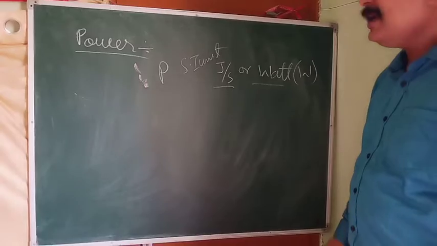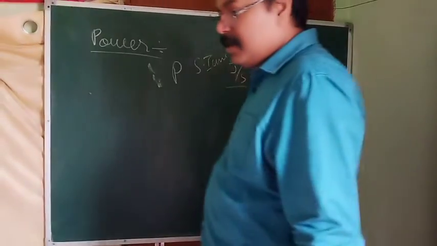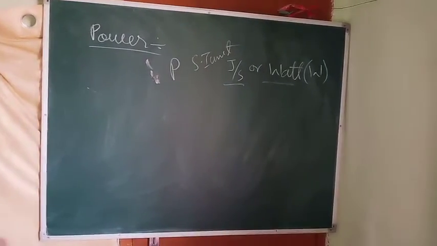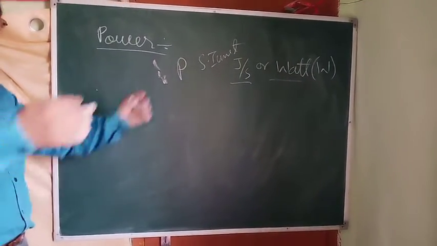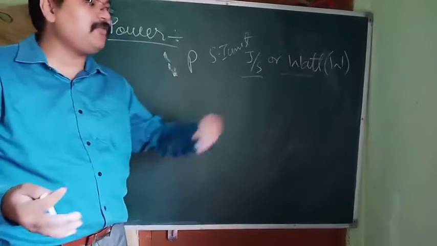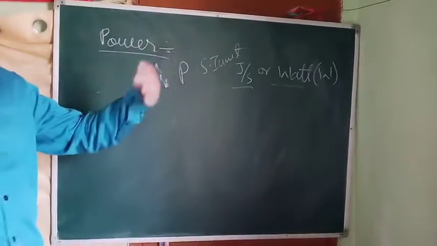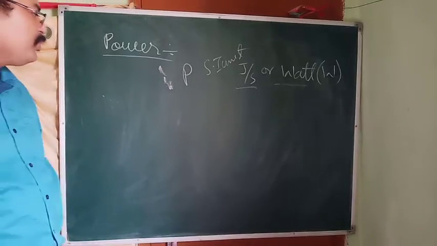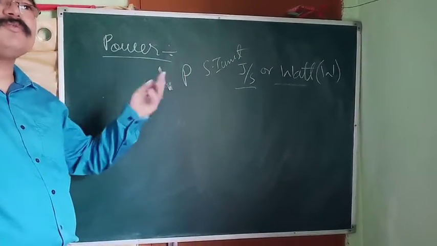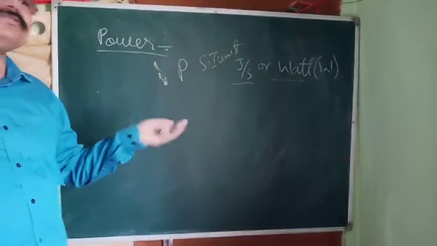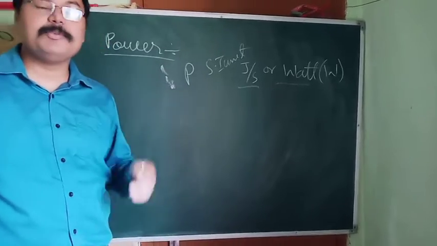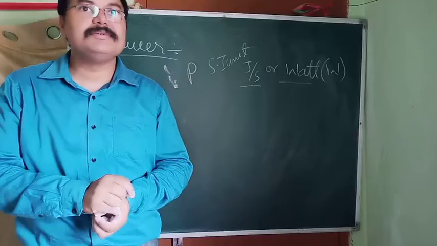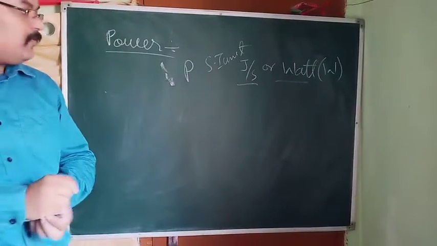Now let me tell you the meaning of this definition. The rate of doing work you know very well. If two bodies are there, one is doing the work faster, another is doing it slower, the body which is doing work faster has more power. Now what is the use of the words consumption of energy? Suppose a classmate shows you an LED bulb and asks you to tell where the work is done.